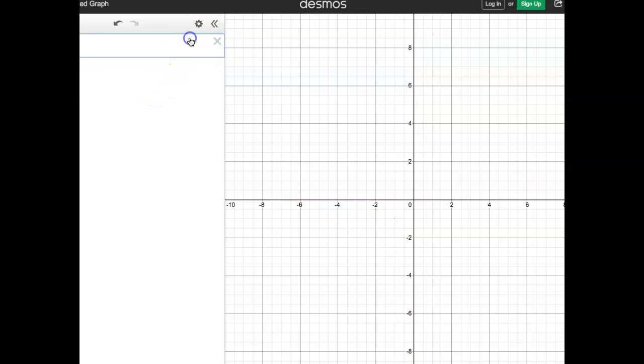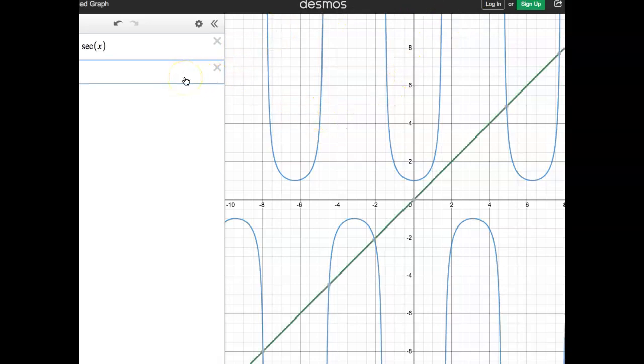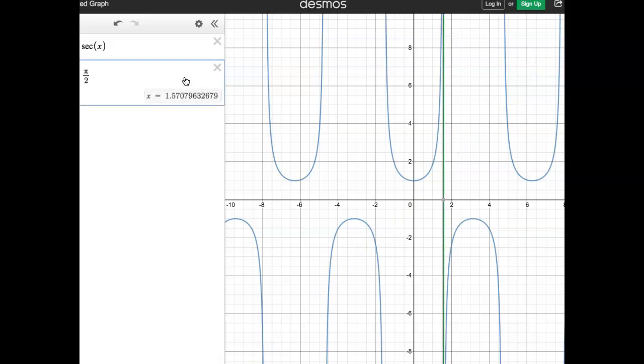So if I look at just y equals secant, and then we may not be particularly familiar with where pi over 2 is, so I'll just graph it as a vertical line. So x equals pi over 2. So it's that green line right there.